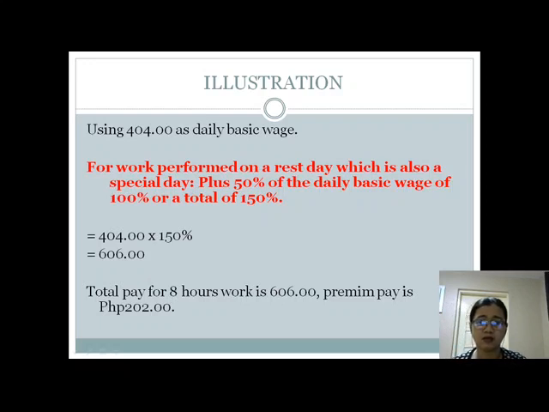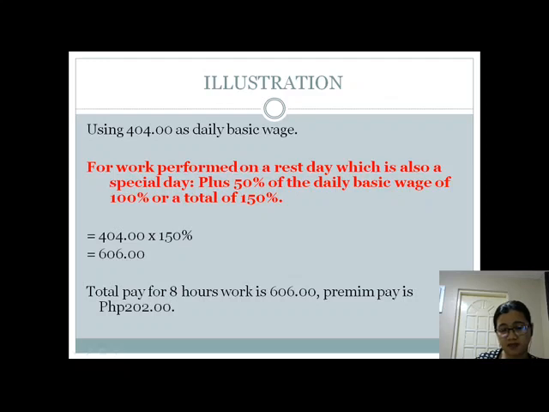So I want you to understand that particular benefit first. You try to apply it, do some examples, and I will be giving you an assignment on this wherein I will let you compute.